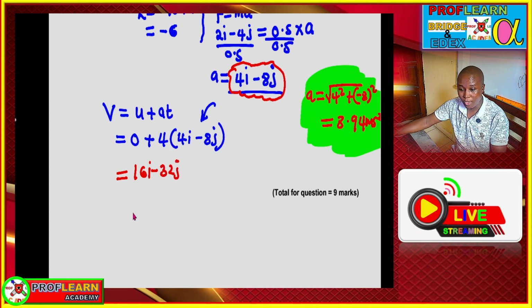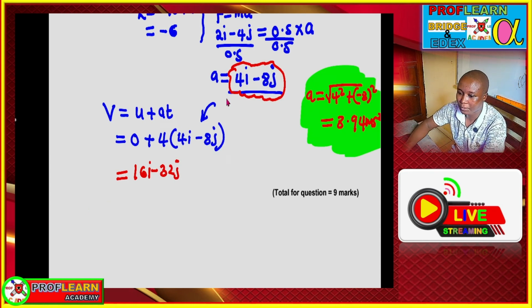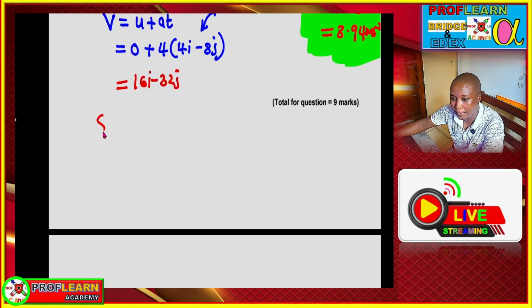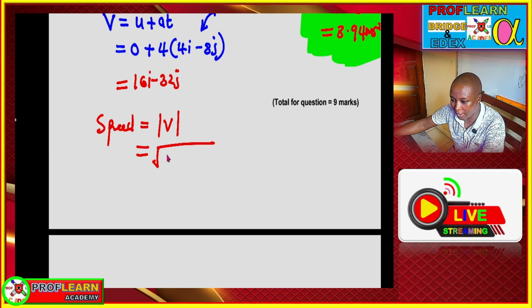And now if you want the speed, it will be equal to the magnitude of the velocity vector, which is the square root of 16 squared plus negative 32 squared.